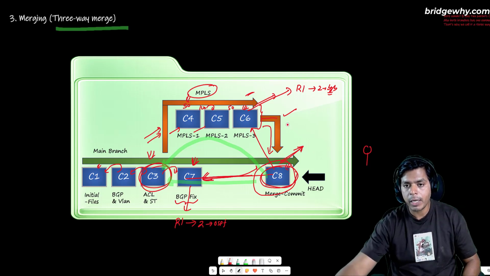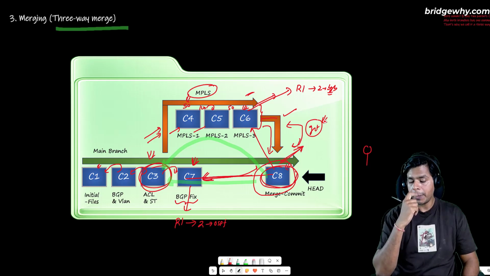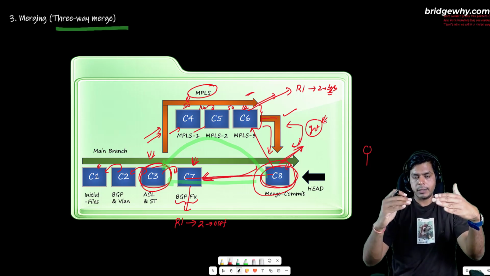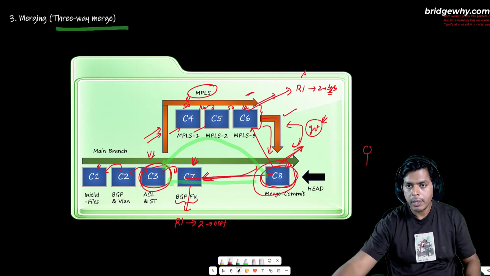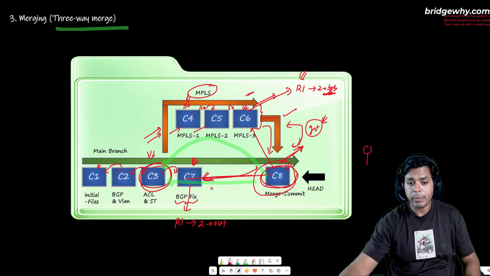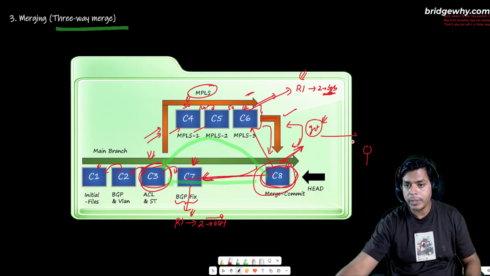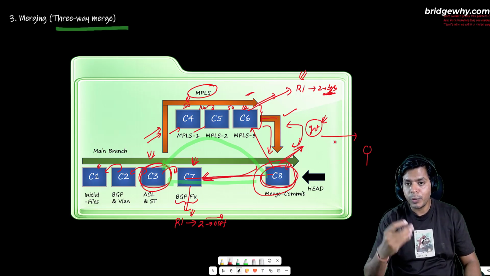When we merge both of them, Git will be confused. You know why? Because the MPLS branch is saying that in R1, the second line is BGP, but the main branch is saying R1's second line is OSPF, and Git is going to tell you, see, you have made a problem. I can't decide whether the second line is BGP or OSPF.